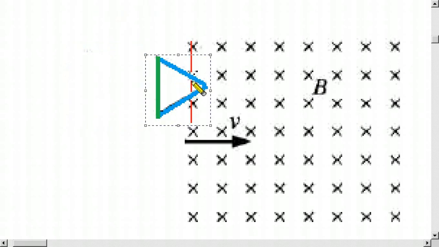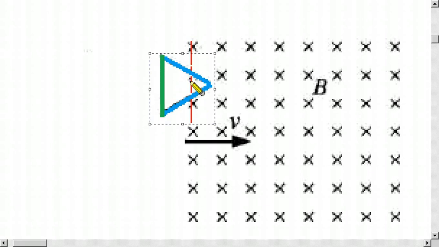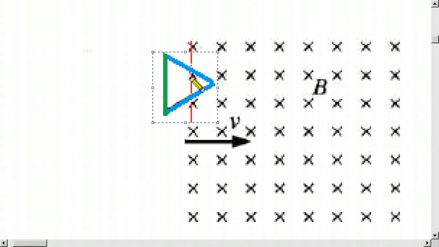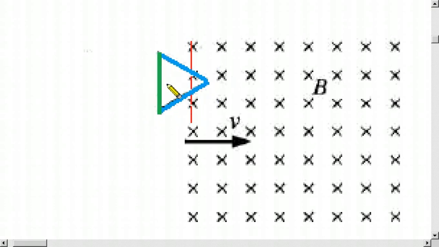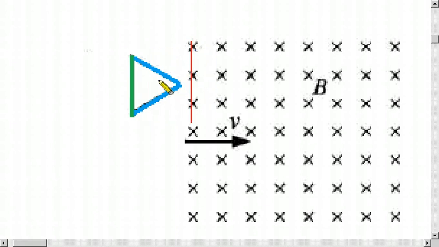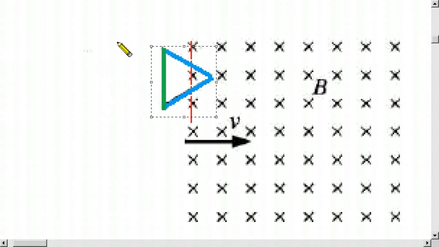So this red line inside the triangle, the length of this line, is proportional to the current. That is the net length, the beginning and the end of the wire that is already inside the magnetic field. So from here to here, only this wire is generating current.